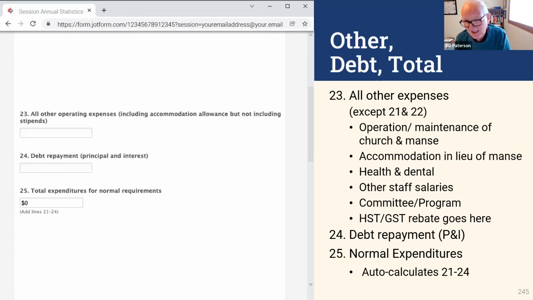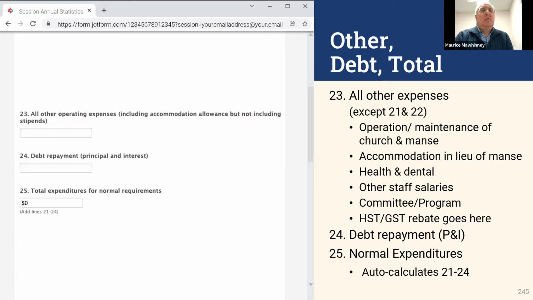You're reducing your total expense. Maybe we could come up with another word for goes here, but I think that may have caused confusion, but this is reducing the amount in line 23. Yeah, you just credit the amount that you receive back on your rebate against that. But again, it also depends on how you're doing your accounting in the first place for the HST.